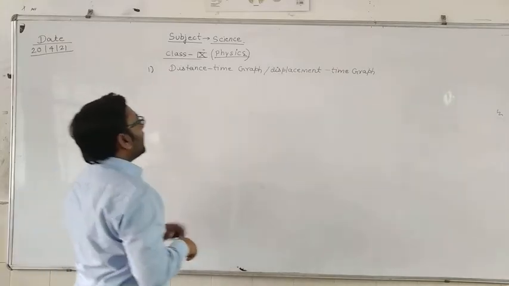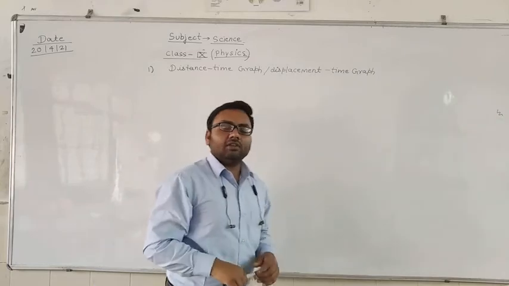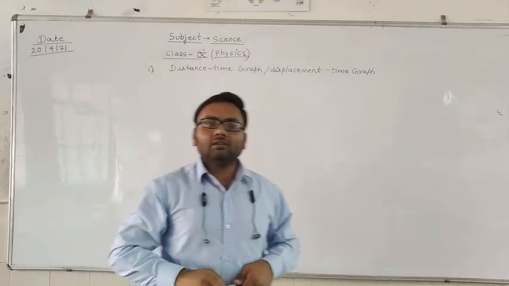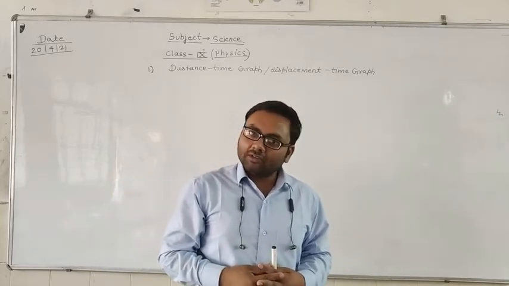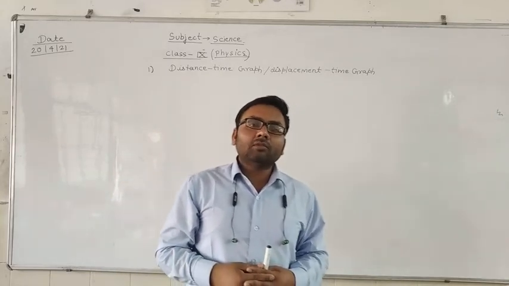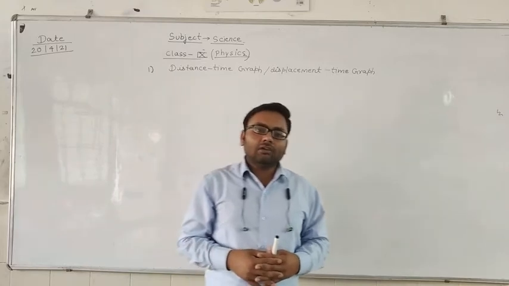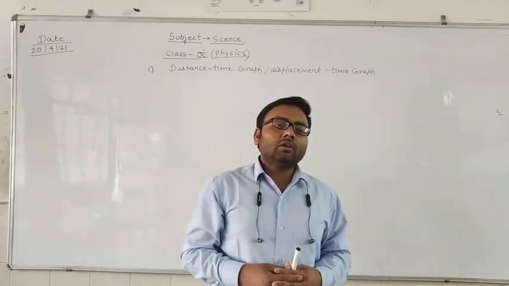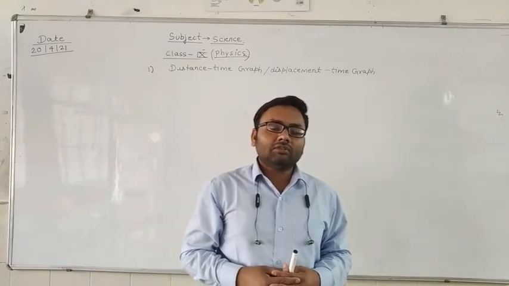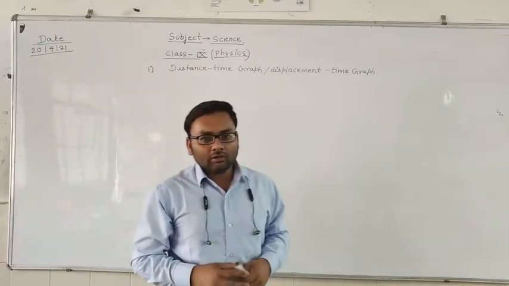Now one more, we had discussed three cases in this. When the object is at rest, what type of displacement or distance time graph we get, we have seen. And when the object is moving with uniform speed, what kind of graph we get, that we have already seen. And also when the object moves with non-uniform speed, that also we have seen.